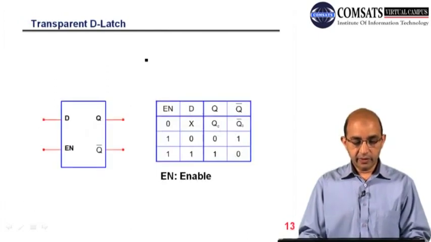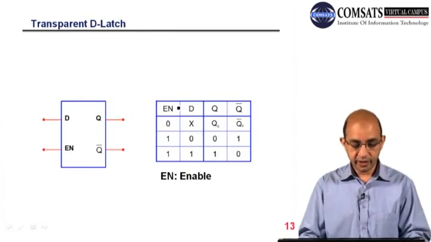Okay, then here we have the transparent latch. The difference over here is that we have the enable. Whenever enable is 0, we will have the previous state, whatever the previous state was will be retained.